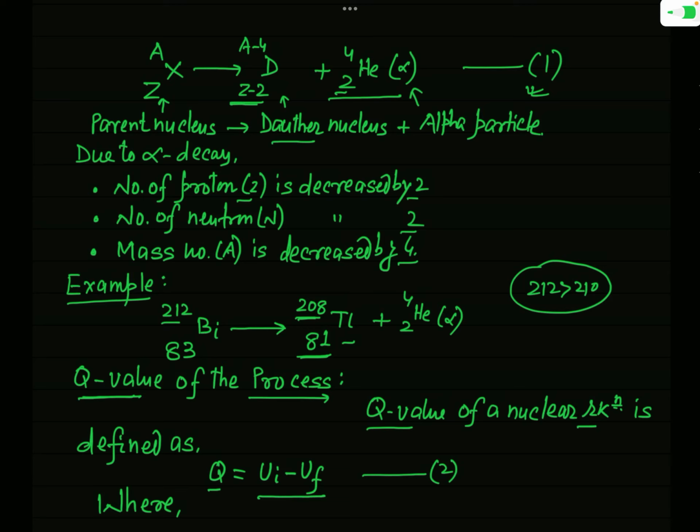This Ui represents the rest mass energy of the reactants, and Uf represents the total rest mass energy of the products.